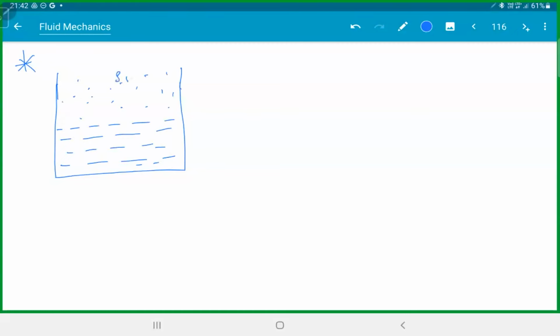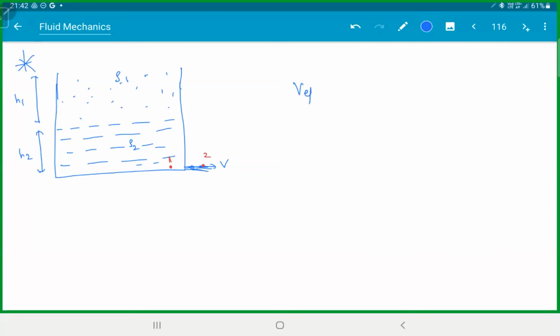Let's say this is rho 1. This height is h1. This is rho 2. This height is h2. So they'll ask you a question like this. Then there is a hole here and the liquid is coming out. So just now, if you saw what we did, we took this point here and this point here. So end of the day, what you're doing is you're finding the pressure difference between 1 and 2.